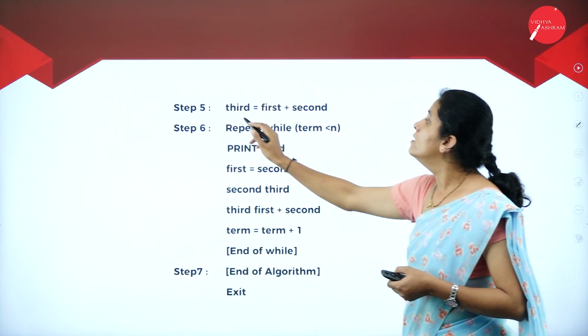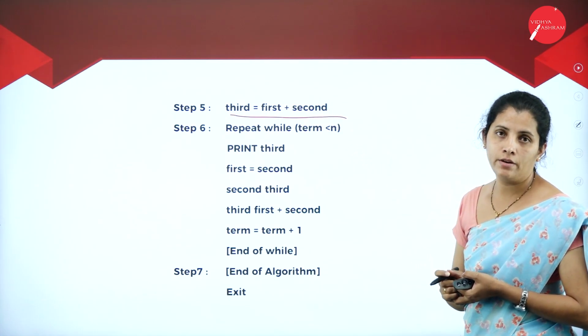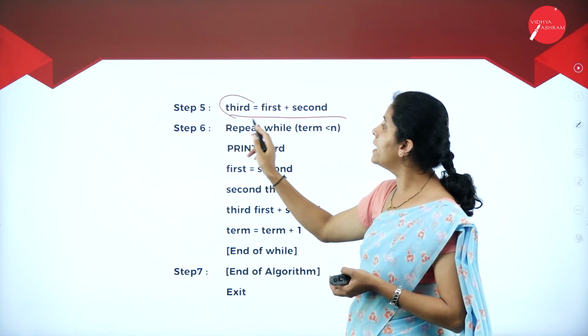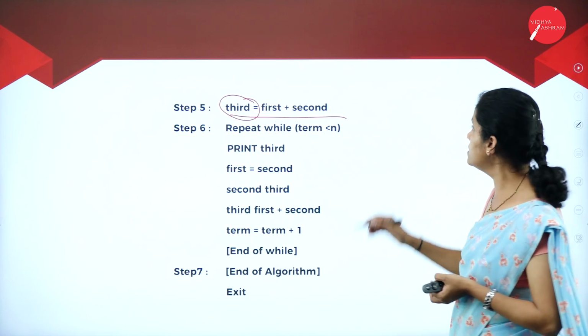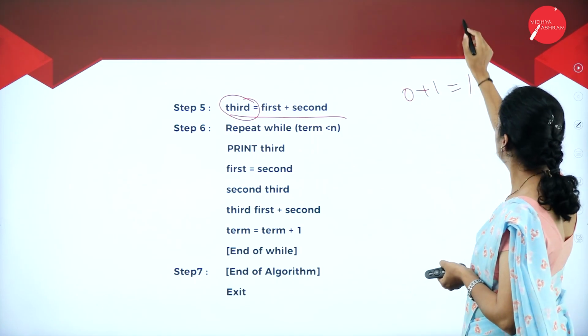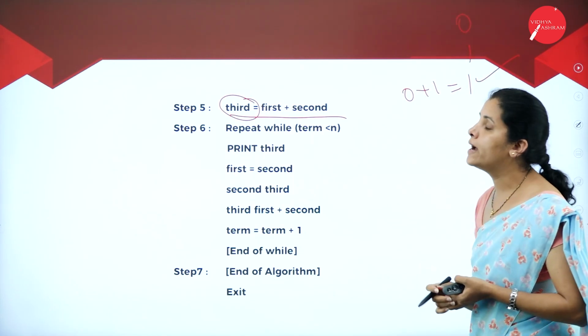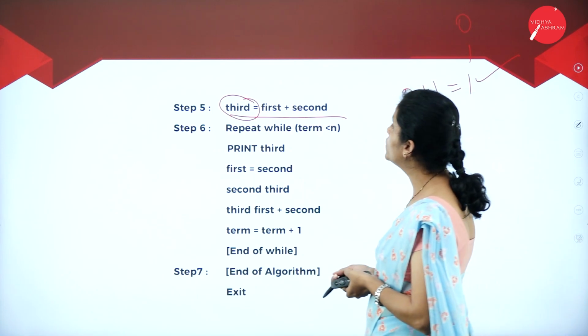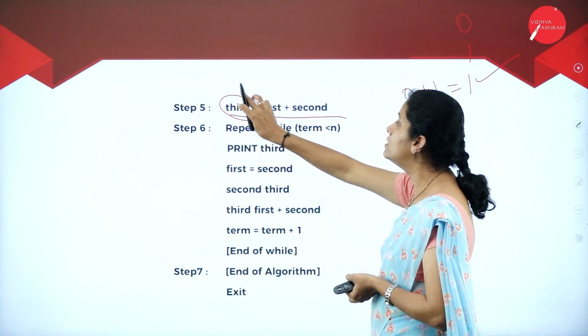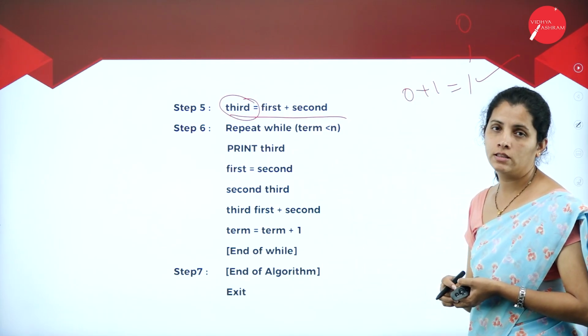Then I'm going to add the first and second value to get my third value. That means 0 plus 1, I'm going to get 1. So initially 1, then I have 1. To get my third value, what will I do? I'm going to add, that is first plus second equal to third.